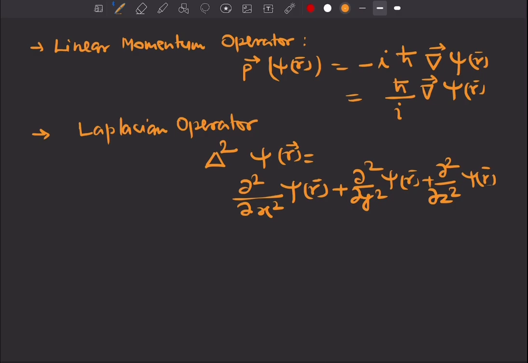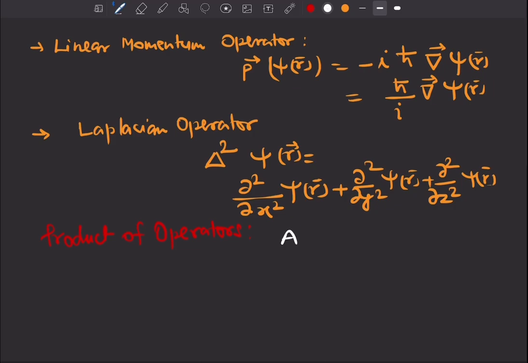Now we learn about the product of operators. The product of two operators is generally not commutative.